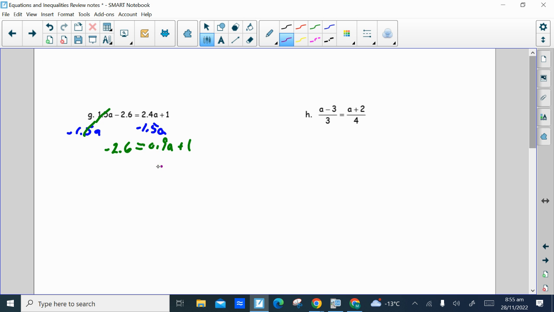Next, we'll get the 0.9a by itself by subtracting 1 from both sides. So on the left, negative 2.6 take away 1 is negative 3.6. On the right side, the 1's cancel, and you're left with 0.9a. Which, to get the a by itself, we would divide both sides by 0.9.